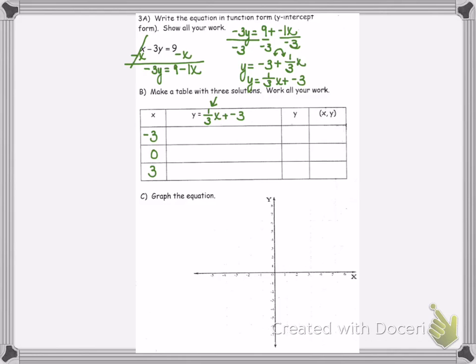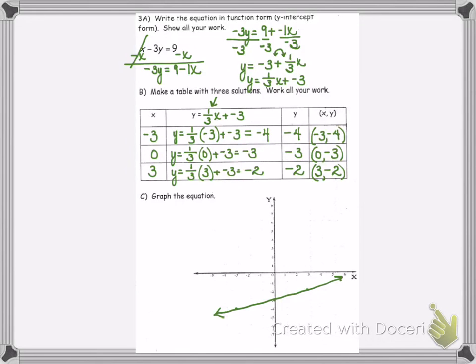So I chose negative 3, 0, and 3. Go ahead and plug those in to find the y values. So looking at your chart, you should be getting the 3 ordered pairs, negative 3, negative 4, 0, negative 3, and 3, negative 2. And then below is my graph for that equation.